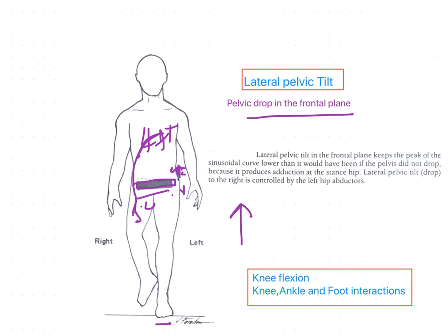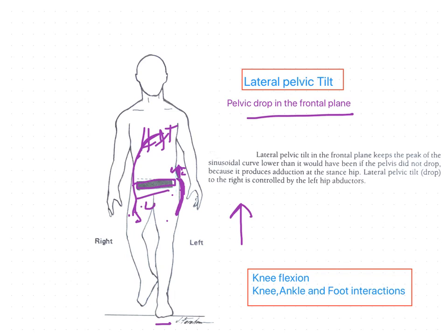The lateral tilting of the pelvis, that is pelvic drop on the side of the unsupported extremity, keeps the peak of the rise lower than if the pelvis did not drop, because the drop produces adduction of the stance hip. The tilting of the pelvis is controlled by the hip abductor muscles of the stance extremity.